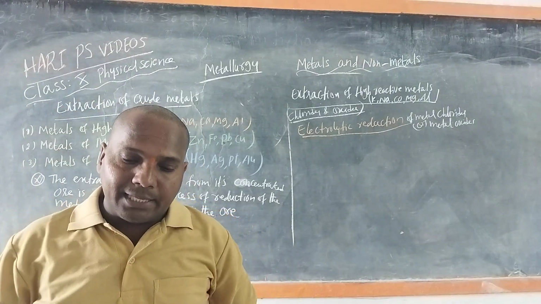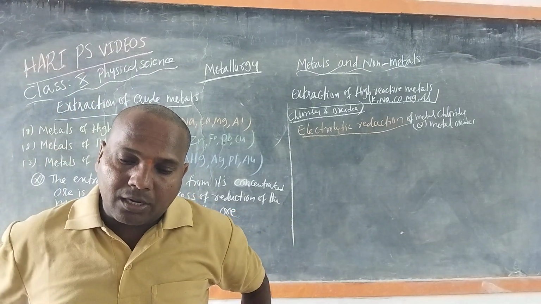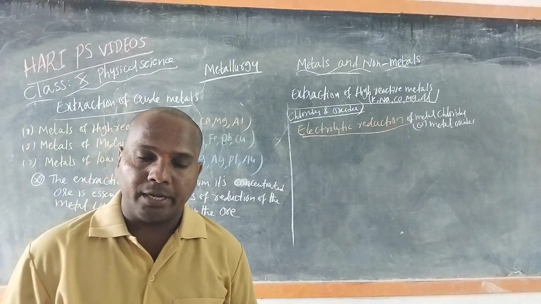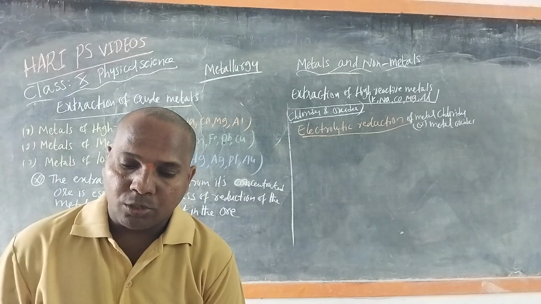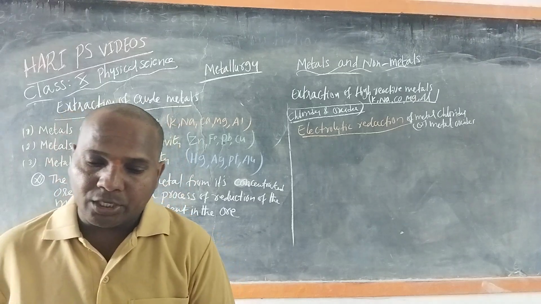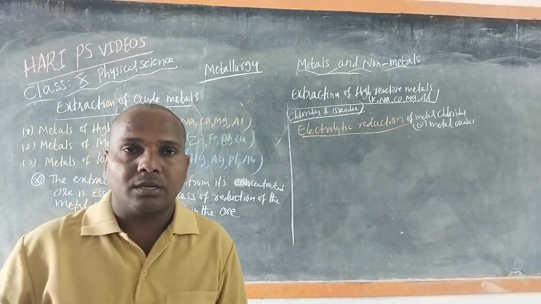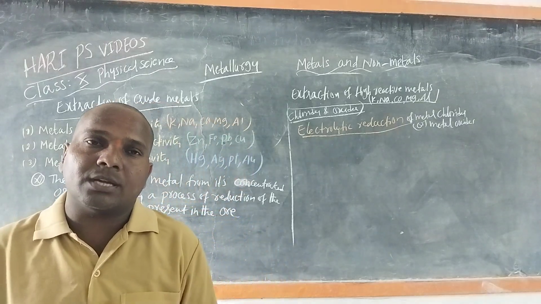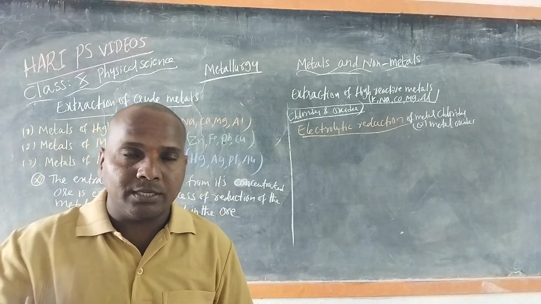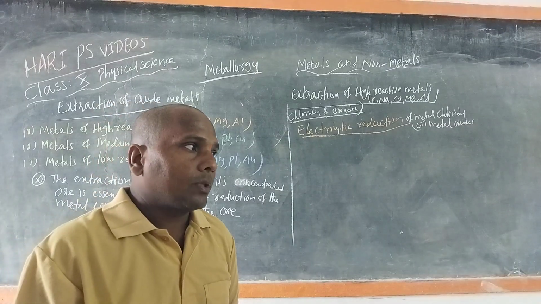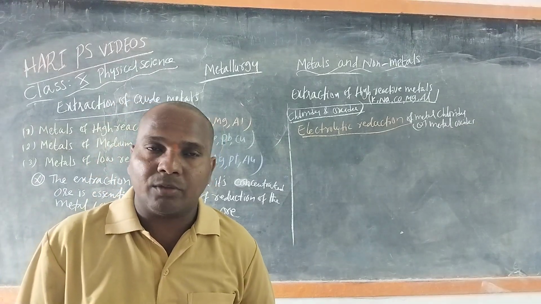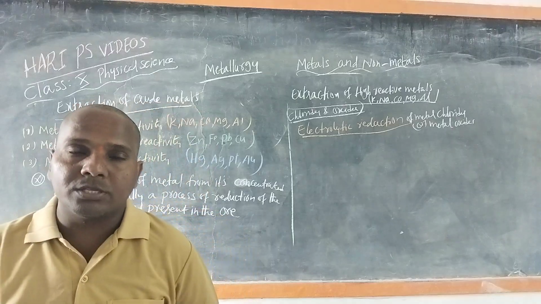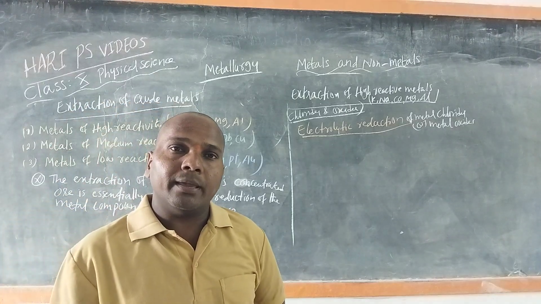The highly reactive metals are extracted by the electrolysis of their molten chlorides or oxides. During electrolysis, the negatively charged electrode is called the cathode and the positively charged electrode is called the anode, as we already discussed in the chapter Chemical Reactions and Equations, especially electrolysis of water, decomposition of water by electrolysis.